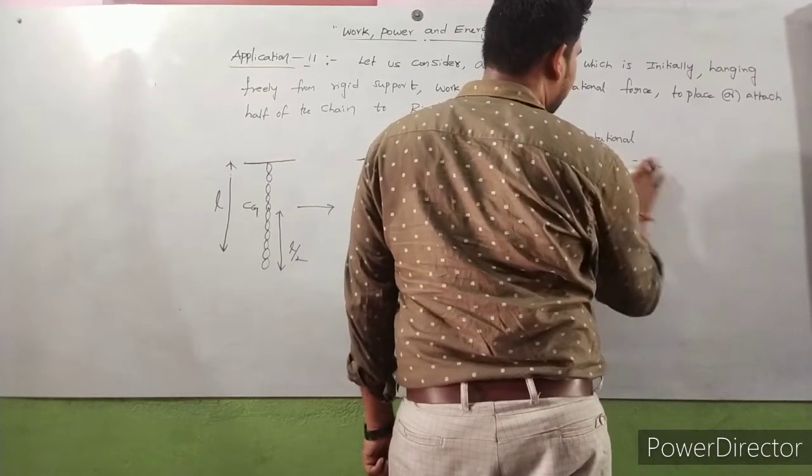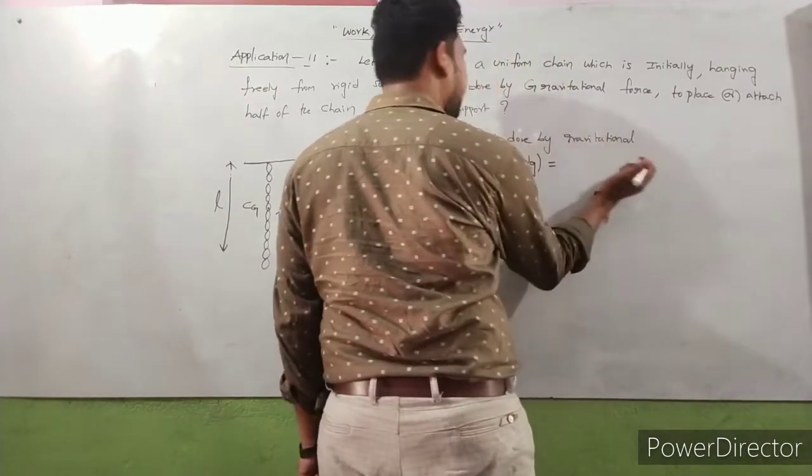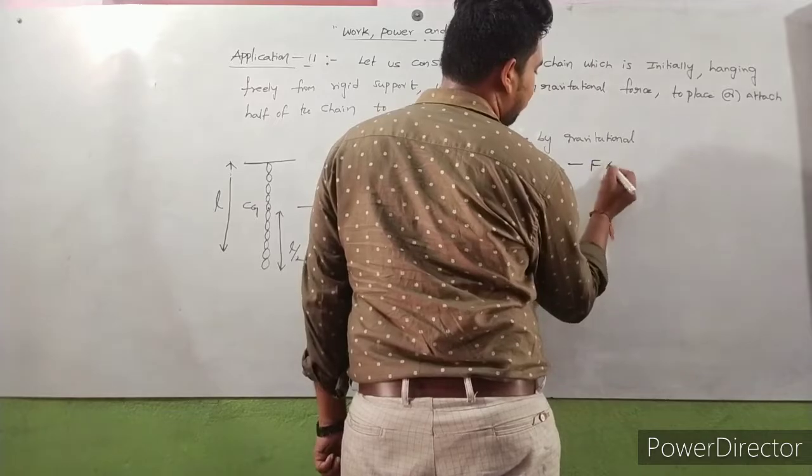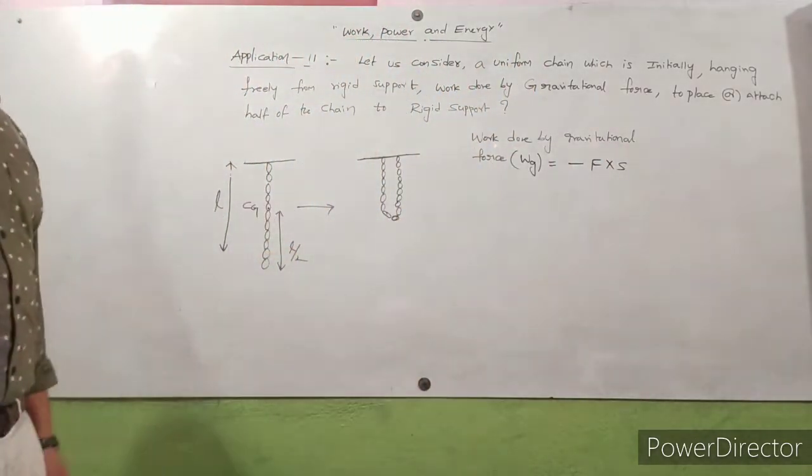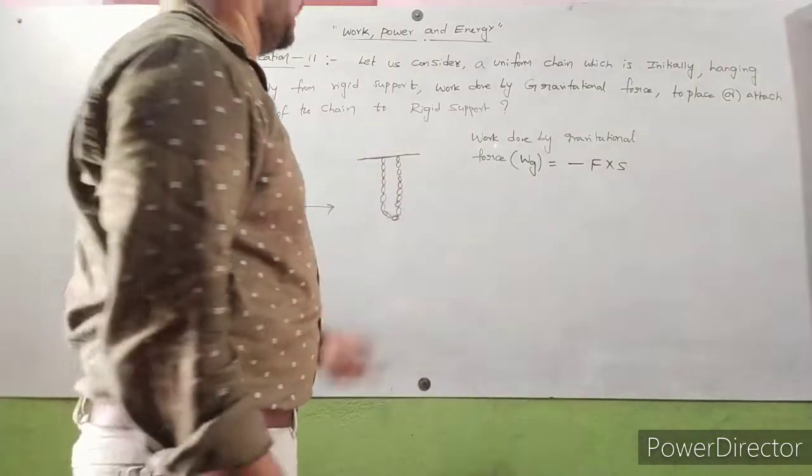Here work done by gravitational force is always negative. That means we get minus F into S, because F bar and S bar are in opposite directions.